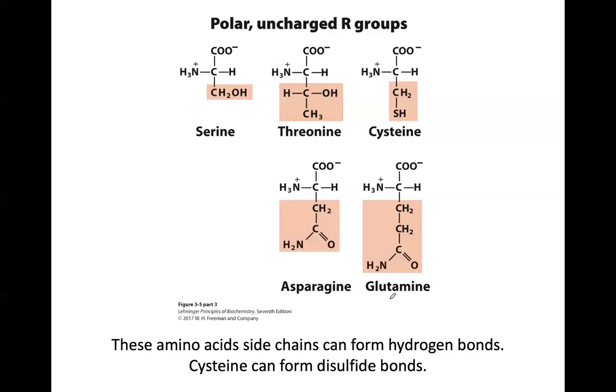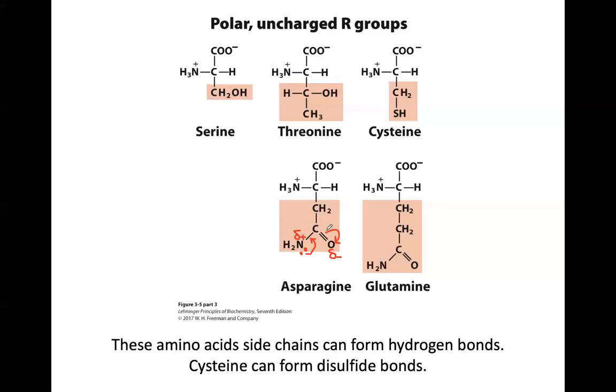Asparagine and glutamine. So these two are polar because of the amides. And remember, in amides, you have this lone pair on this nitrogen, which can move over, and the electrons can be picked up by this oxygen. So you get partial negative charge on the oxygen and partial positive charge on the nitrogen.